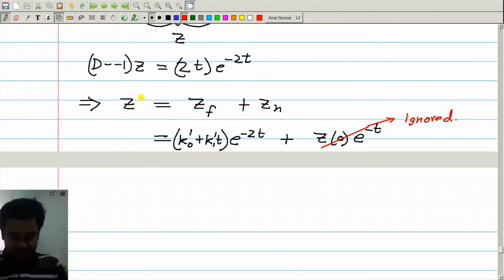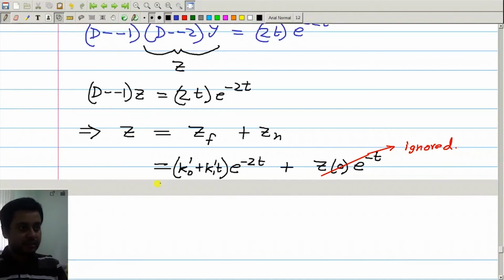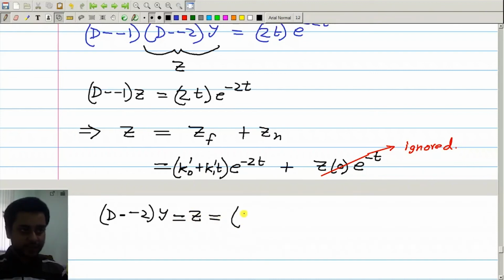Okay, and then you can write z is equal to this, so D minus 2 of y is equal to z, and z is given by this k0 prime plus k1 prime t times e to the power minus 2t.